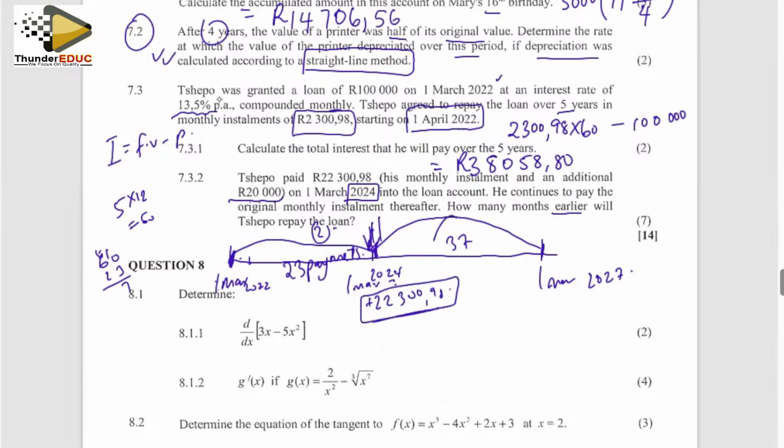Then after getting that outstanding balance, I'm going to subtract this deposit, and the answer that I get, I'll use it as my present value, and then look for the N that will be left for the loan to be completed. And then I'll take it from there.